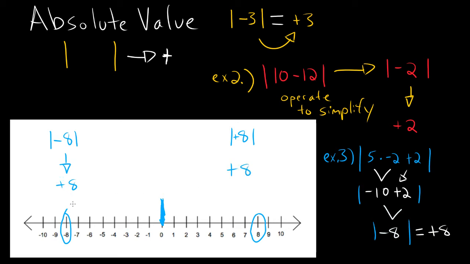What that's really telling us is that we have a distance of 8 spots for each side to 0. So 1, 2, 3, 4, 5, 6, 7, 8. That's 8 units, or 8 spots. And from here we have 1, 2, 3, 4, 5, 6, 7, 8. Again, 8 units, or 8 spots. So you can see the absolute value is showing us the distance from whatever value we end up with to 0.